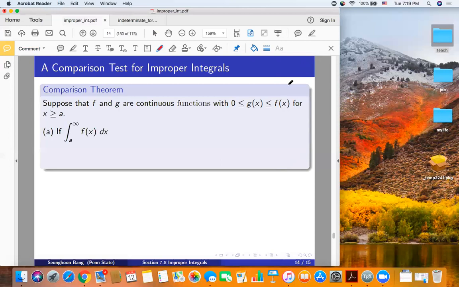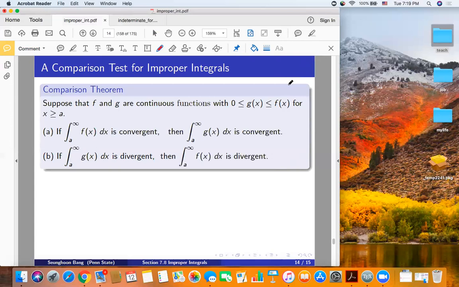First, if the integral from a to infinity of f of x dx is convergent, the conclusion is that the integral of g of x dx is also convergent. Second, if the integral from a to infinity of g of x dx is divergent, then the integral from a to infinity of f of x dx is also divergent.